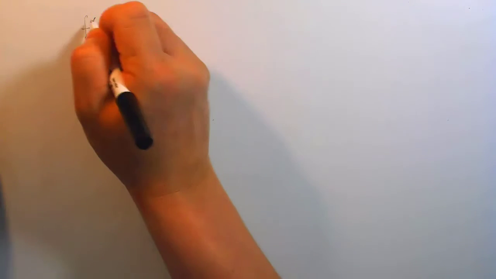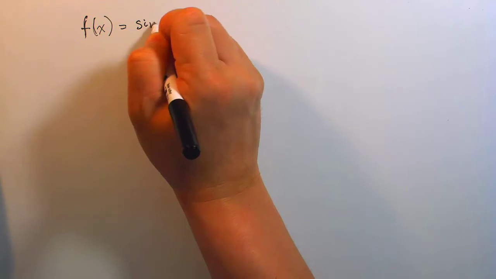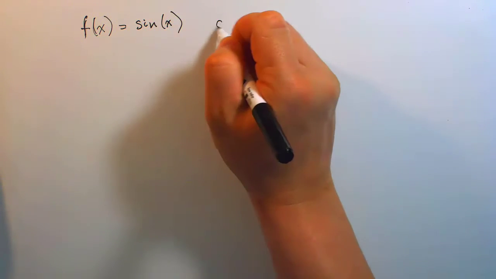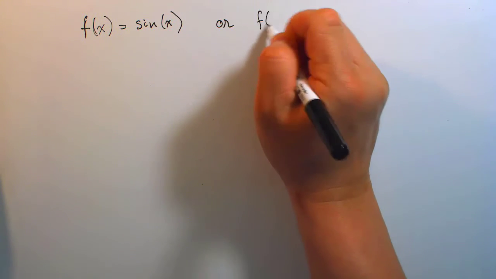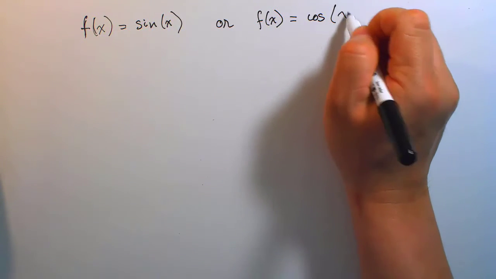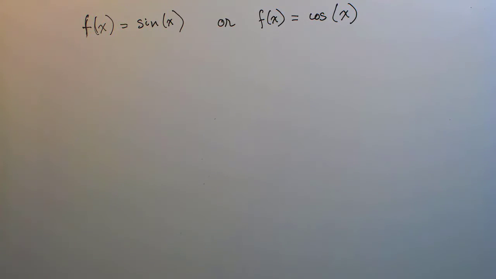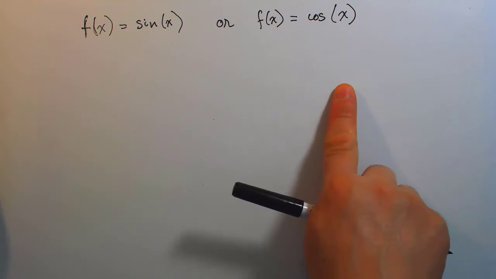So let's start out with a function f of x again, being either a sine of x or a cosine of x. The special note I'm adding here is applicable to any of these functions, and in general can be extended to any of the other trig functions we're going to be learning later.